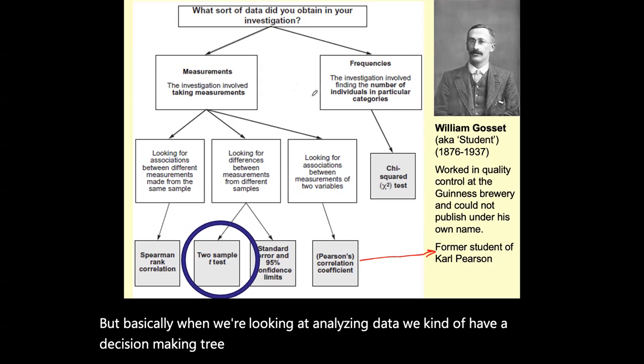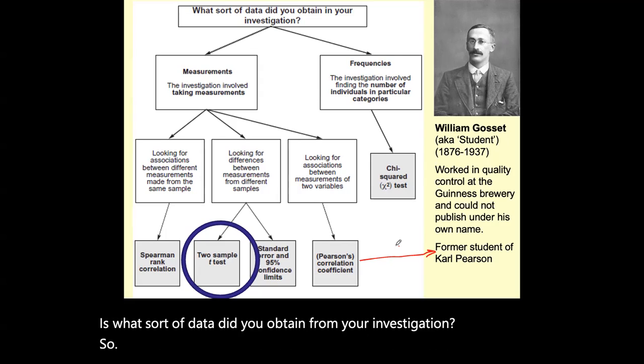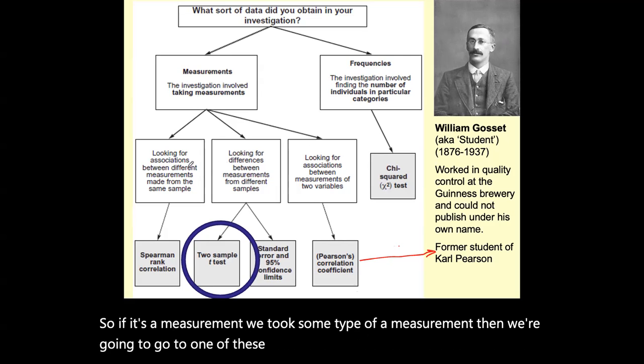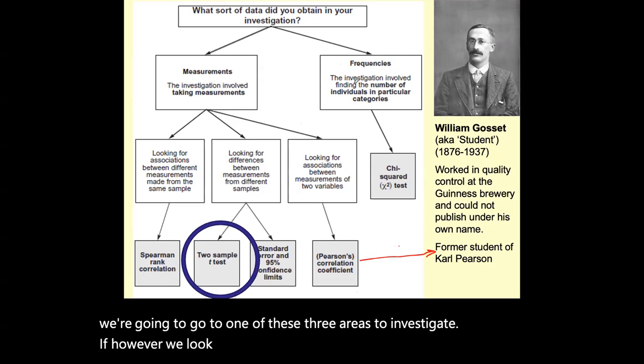The first question that we ask is, what sort of data did you obtain from your investigation? If it's a measurement, we took some type of measurement, then we're going to go to one of these three areas to investigate. If, however, we look at categorical frequency data, we're going to use this non-parametric method of chi-square.